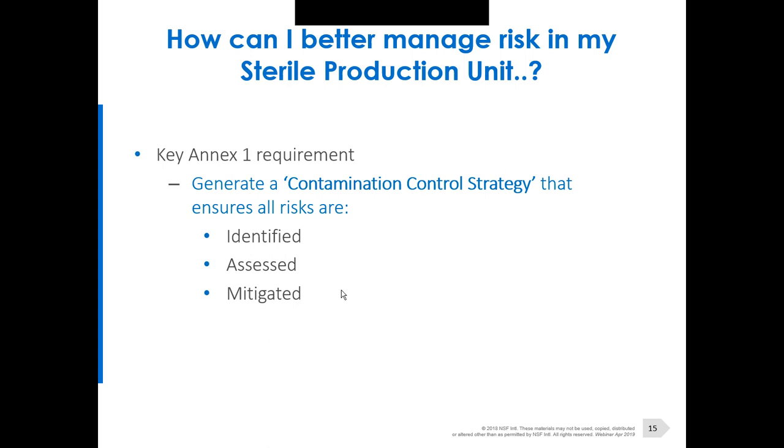The issue here, though, of course, is that this contamination control strategy then becomes an incredibly auditable document. It's going to be a document that's going to be asked for, I would say, on almost every day one of every inspection, because they want to know for sure that they see evidence of your proactive approach to contamination control.